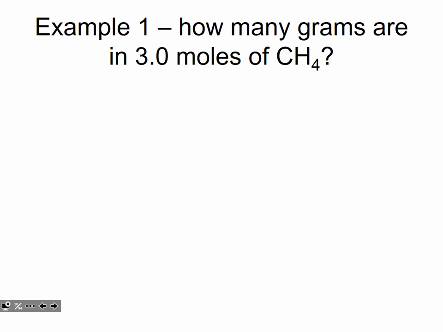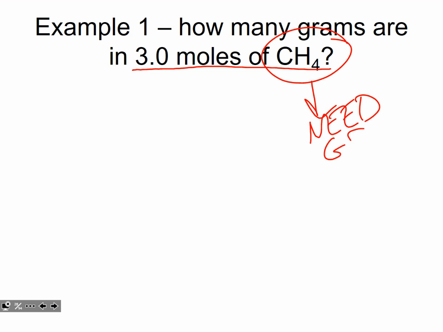As an example, how many grams are in 3.0 moles of CH4? So what is the mass of 3.0 moles of CH4? Well, for that, we're going to need the gram formula mass of this thing, because we need to know the mass of just 1 mole if we want to know the mass of 3 moles. The gram formula mass tells us the mass of 1 mole.